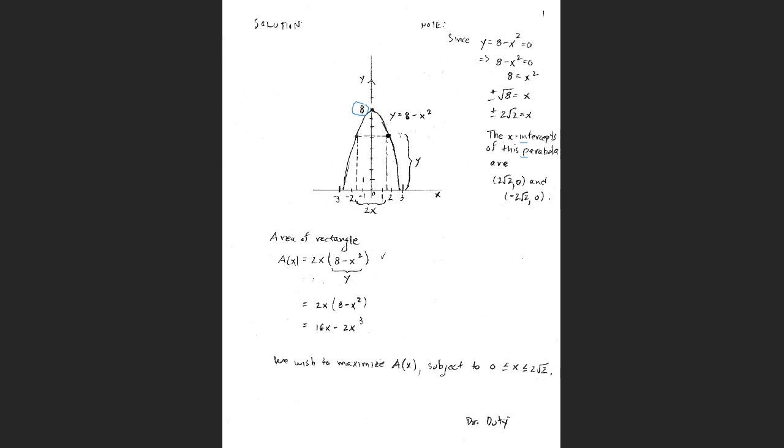If I take 8 minus x squared and set it equal to 0, the x-intercepts are (2 root 2, 0) and (negative 2 root 2, 0). And 2 root 2 is about 2.8.